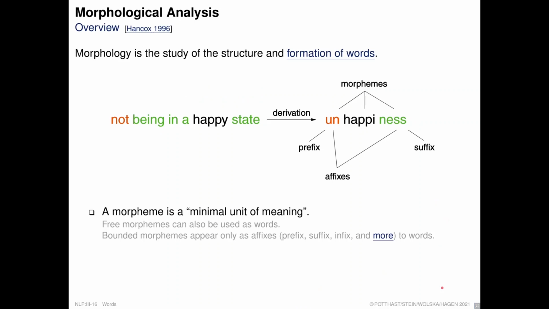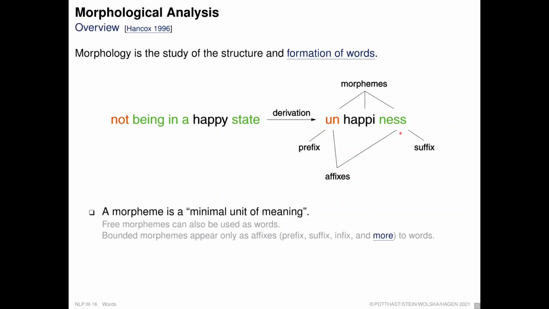Yes. So this is the illustration of this more complex problem of building a noun out of an adjective. You have these components of the nominalized form indicated here. This is a prefix and this is a suffix. Both of these are affixes.